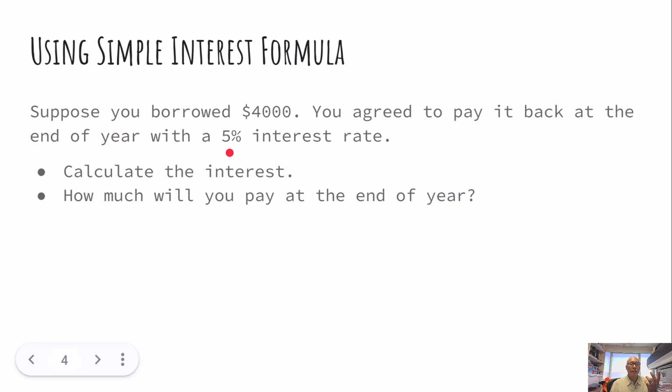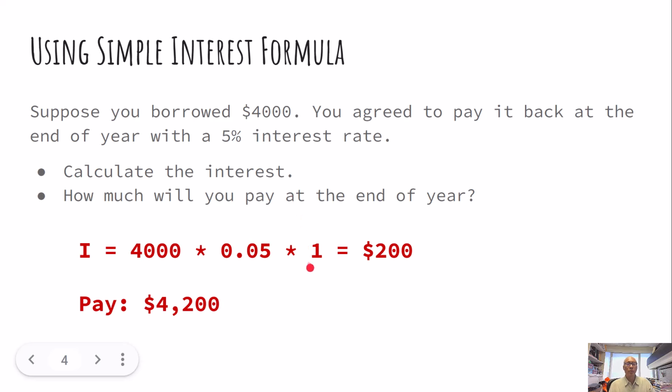So let's calculate the interest that's involved here. According to the interest formula, it's going to be the principal times the 5%, so that's 0.05, and you're going to pay this off at the end of the year, so the time that has elapsed is 1 whole year. So the total interest is going to be $200.